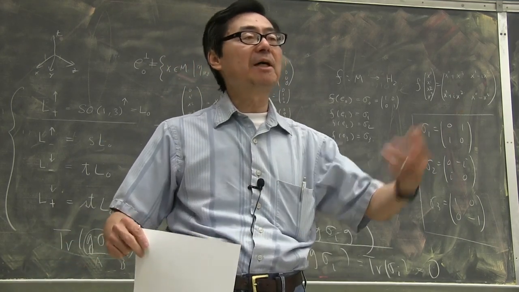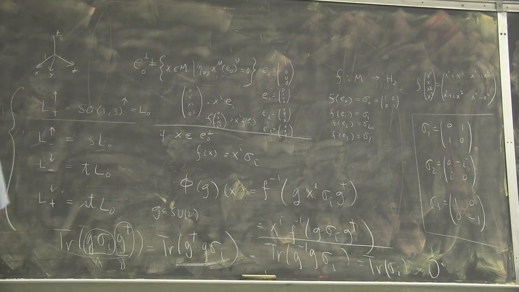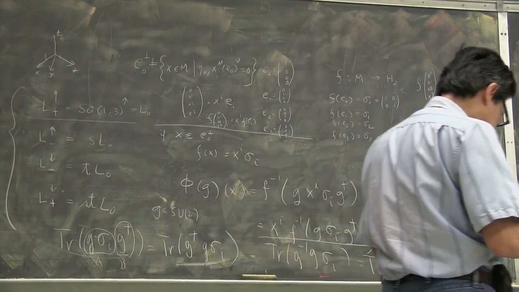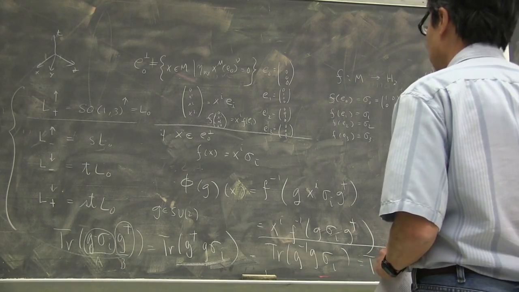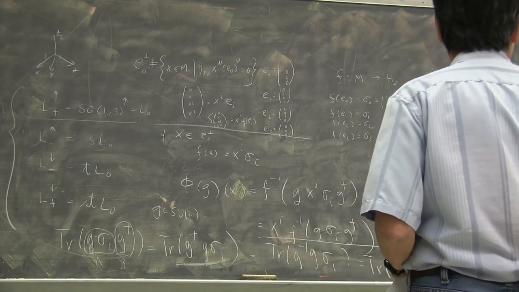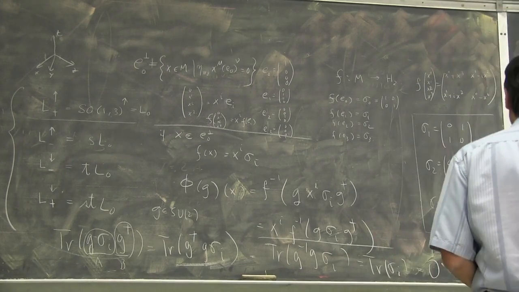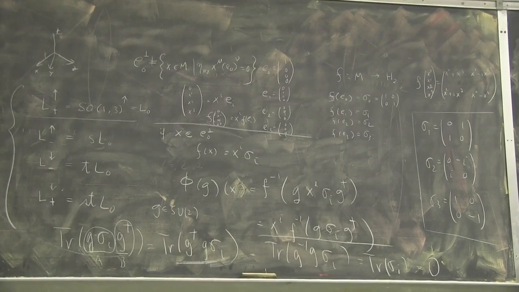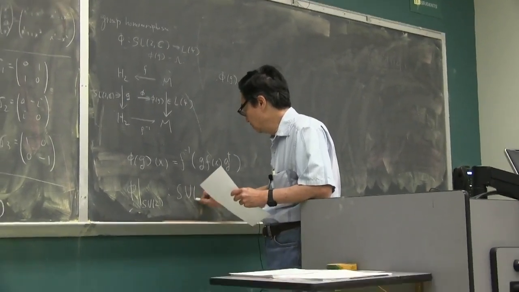And since it's required to preserve length anyway, it must be a rotation in three-dimensional subspace. And so we have come to this important fact that the restriction of phi to SU2 maps from SU2.